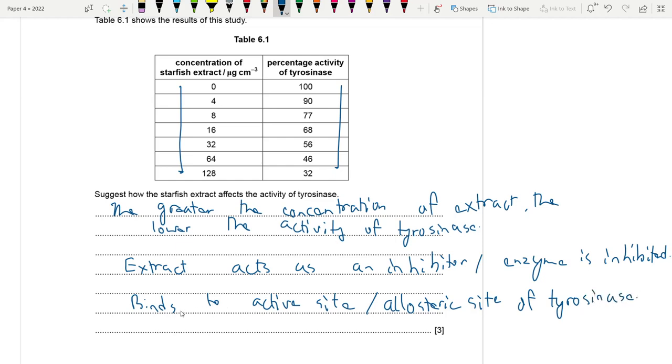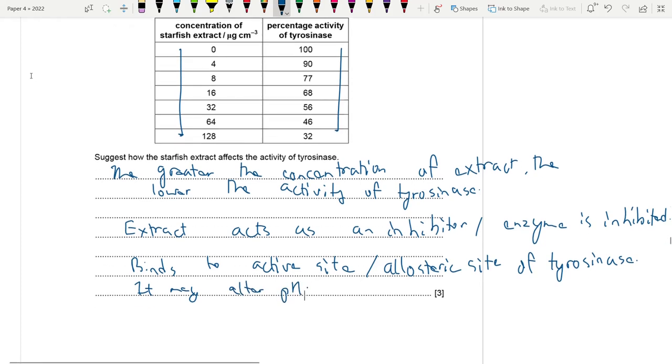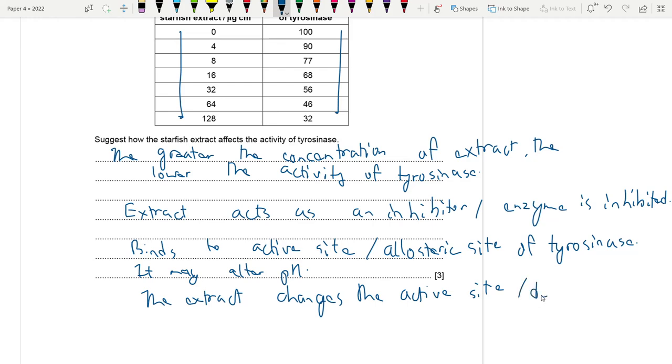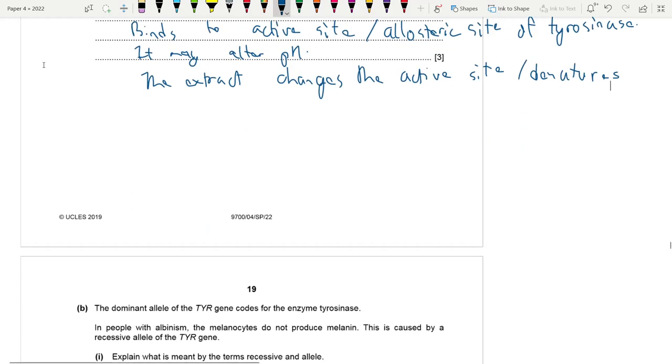Now, it may alter pH, or the extract changes the active site, the shape of the active site actually would be more exact. Or you could just refer to it being denatured. Denatures the active site, okay? Denatures the enzyme. That's typically what a non-competitive inhibitor does, right?